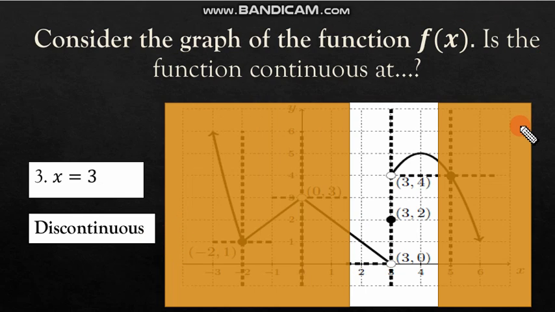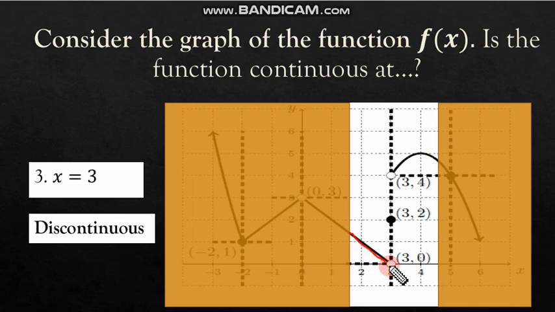Number 3, x is equal to 3. At this portion of the graph, we can see that as we trace our graph at x is equal to 3, you can see that there is another interruption, a bigger interruption at x is equal to 3.